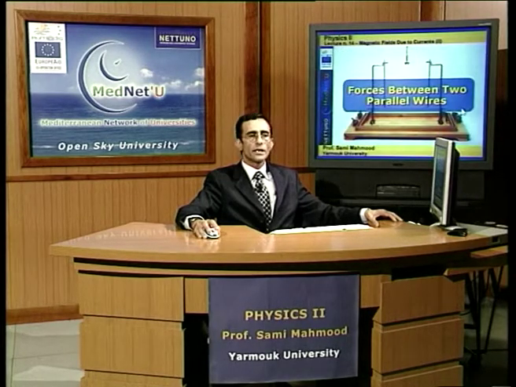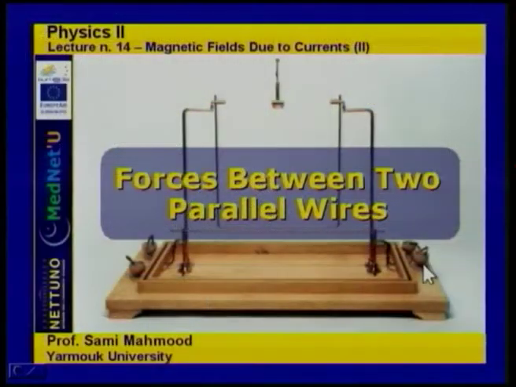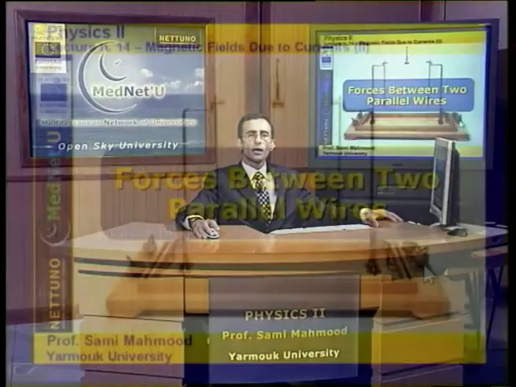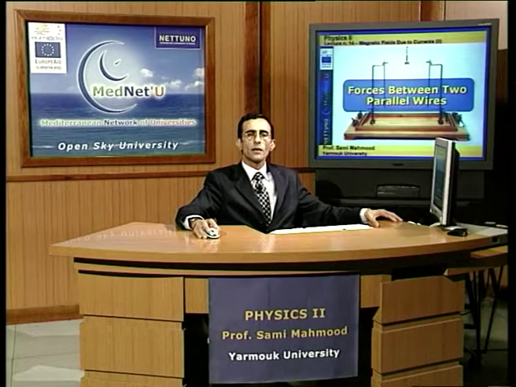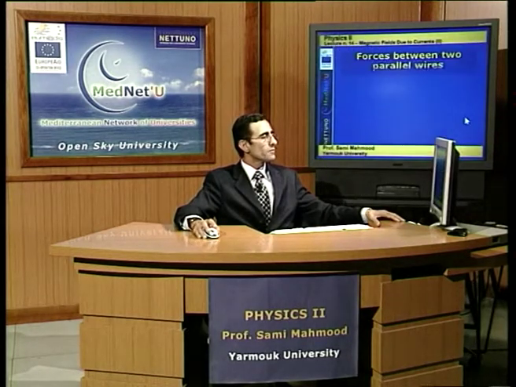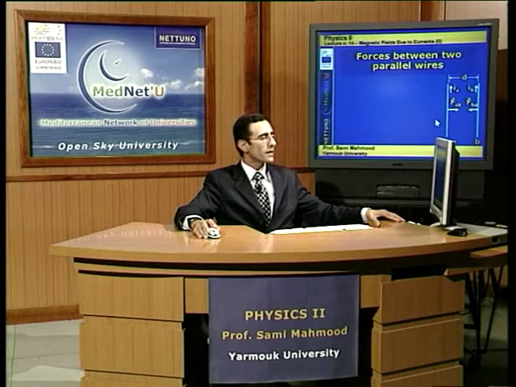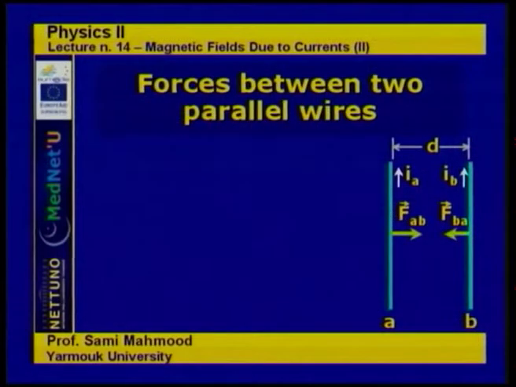And now we encounter the problem of forces between two parallel wires. We have mentioned that two currents exert forces on each other. And for simplicity, because we have calculated the magnetic field due to one long straight wire carrying current, we can consider the problem of forces between two long parallel wires carrying currents.